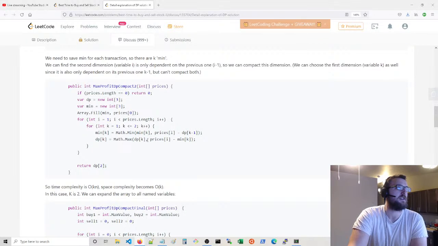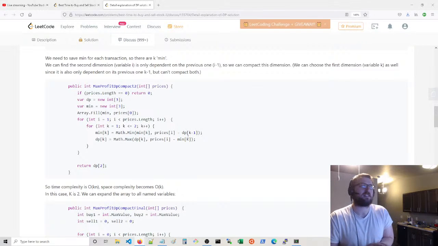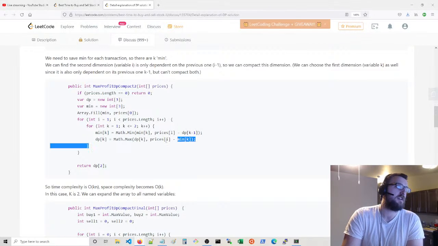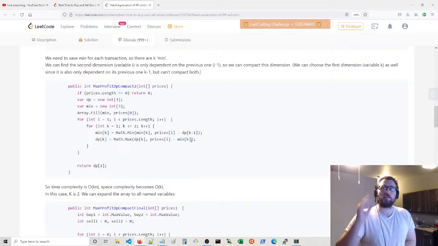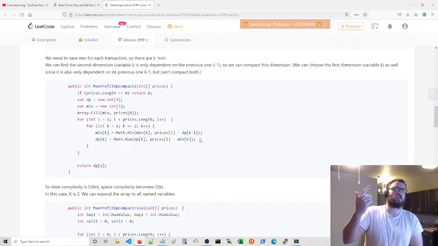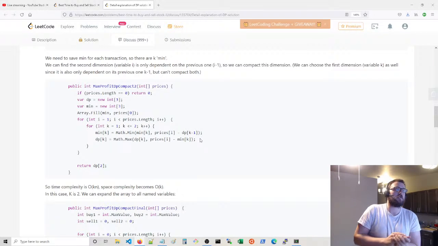So your dp is either dp of whatever you had or 0. So it can't change. If dp had anything in it, it's not going to be changed by what's being updated here in the minimum. Since dp of 1 is never going to actually change, it either goes from 0 to something, but it's never going to go back to 0, right?